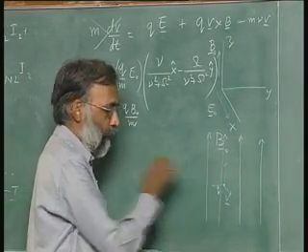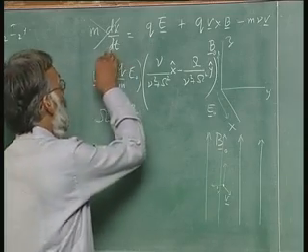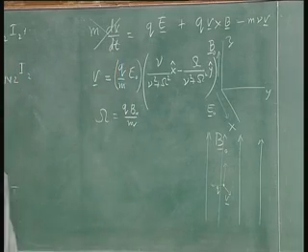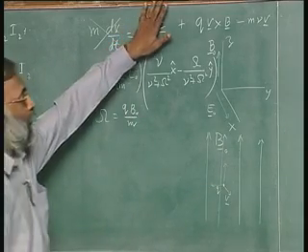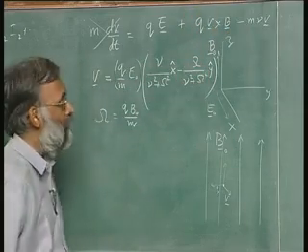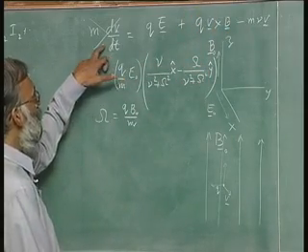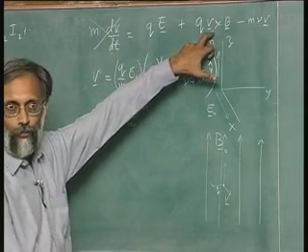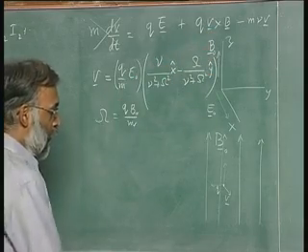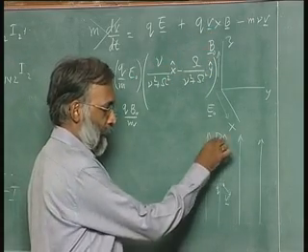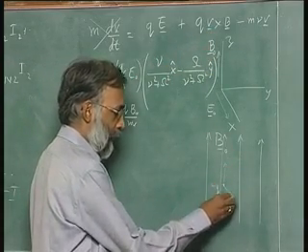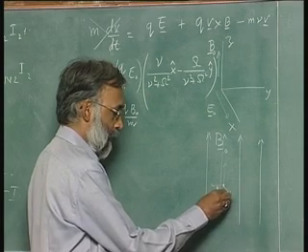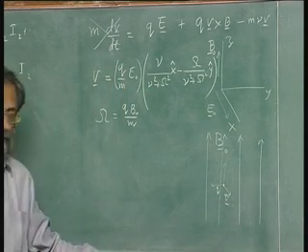Because of this force, there is going to be a dv/dt. Let us ignore the E, let us ignore the friction. Just take these two terms, m dv/dt and q v cross B. Because of this magnetic field, the velocity experiences an acceleration in this direction.